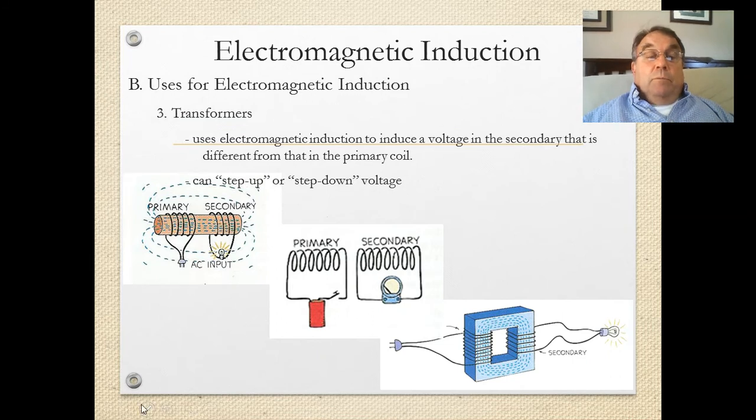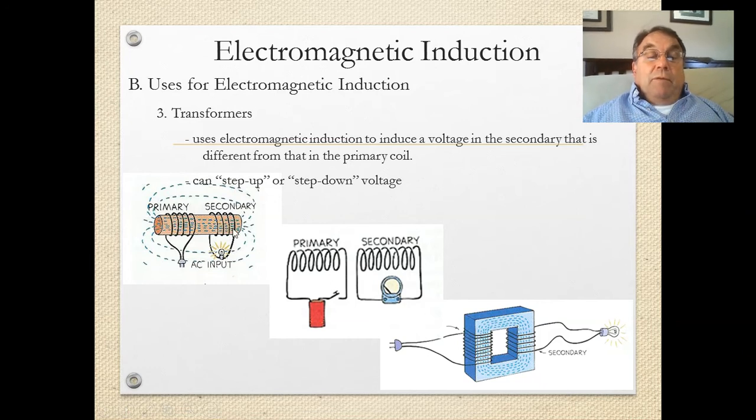Okay, so here's an example. You have electricity going into the primary coil, running through it, and you get this magnetic field induced in the primary coil. Then you put a conductor, just a big metal bar in between, that allows the current to flow in, and then this magnetic field induces a current in the secondary coil.